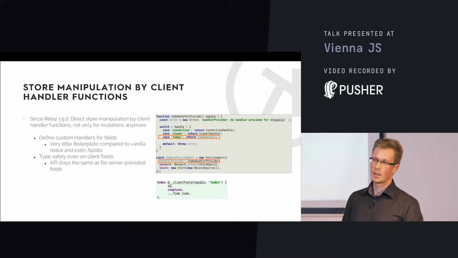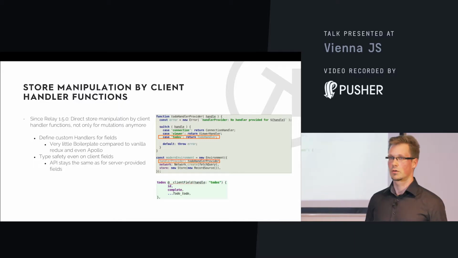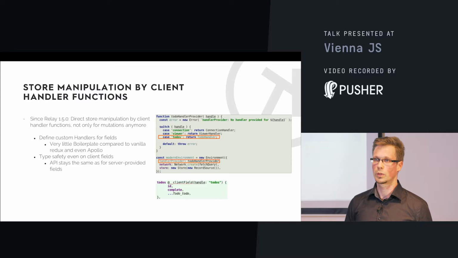And with Relay 1.5, you can define a client schema, a schema which only the client knows and the server doesn't know about. And then you have handler mechanisms or client handlers which can populate these fields on the client.